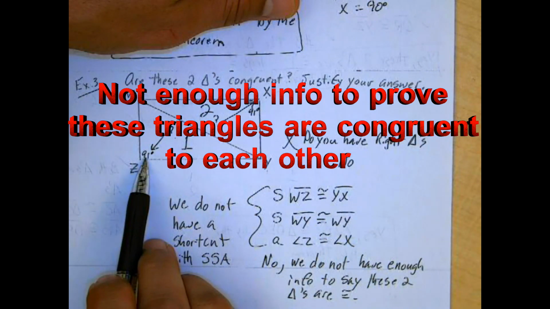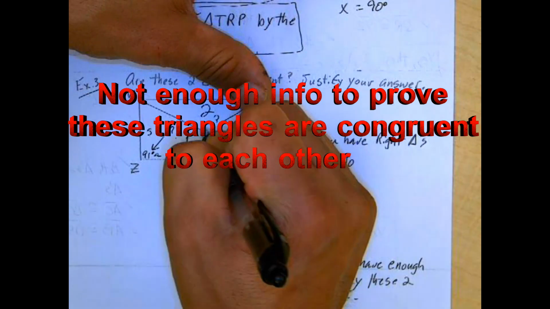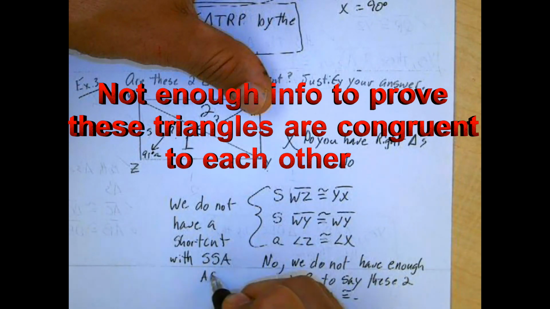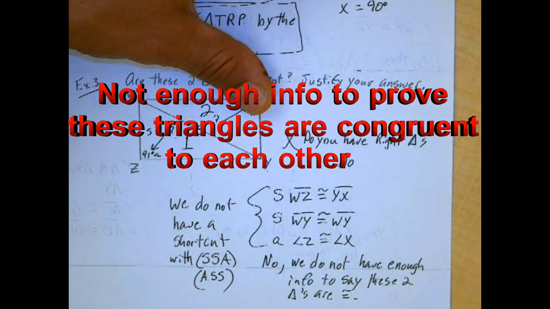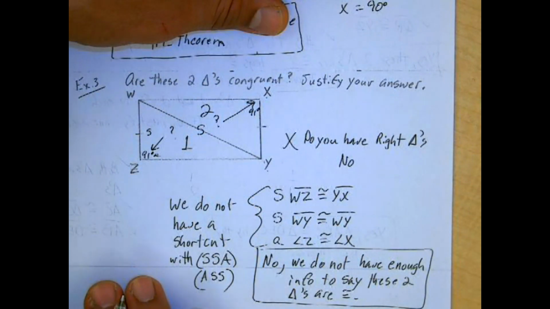Even though we know that this angle, this side, and this side are congruent to each other, we don't have a shortcut for SSA or ASS. These do not exist. So no, these triangles are not congruent to each other. Okay? We cannot use HL, and we cannot use any of the other 4 shortcuts to prove that these two triangles are congruent to each other. We just don't have enough information.